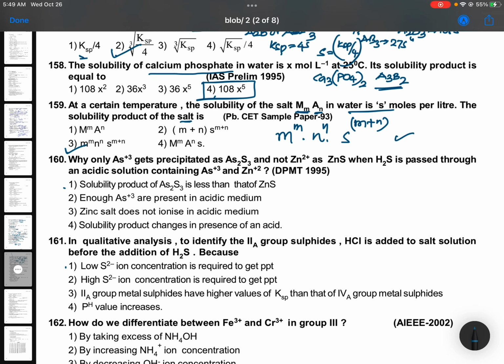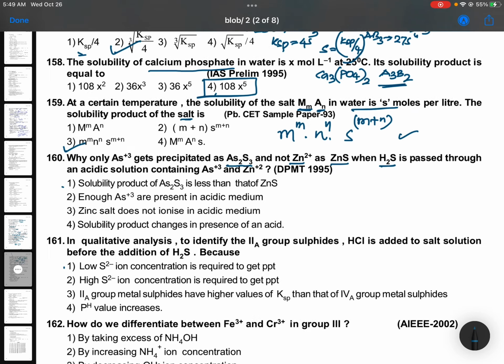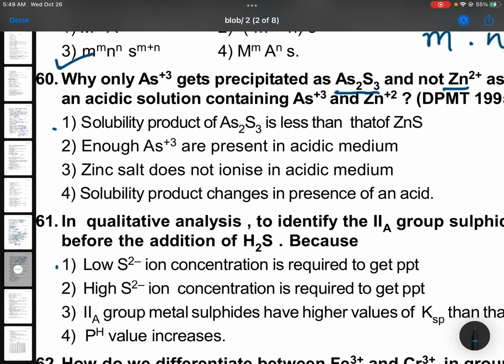Why only As+3 gets precipitated as As2S3, not Zn+2 as ZnS, when H2S is passed through an acidic solution containing Al+3, As+3 and Zn+2? This is a practical inorganic chemistry based question, what we are going to do in the laboratory. That is because the solubility product of As2S3 is less than that of ZnS.